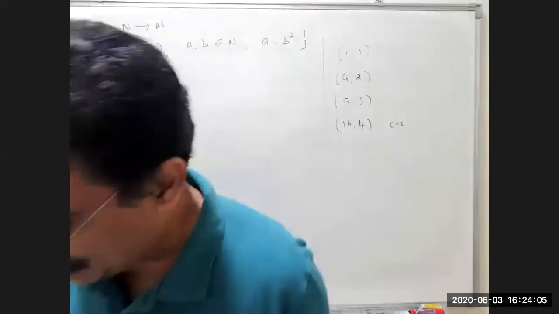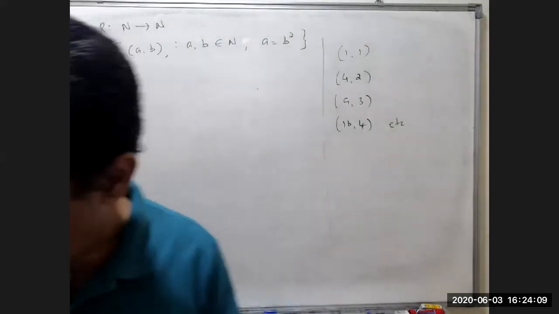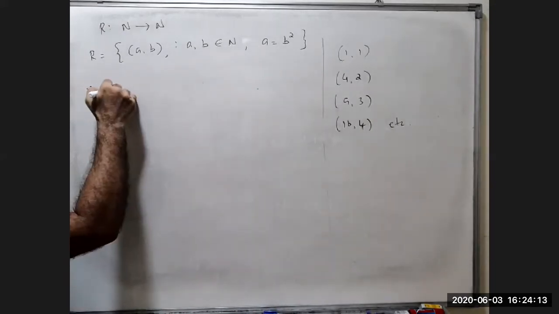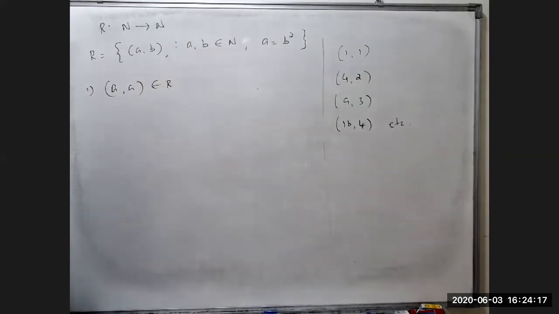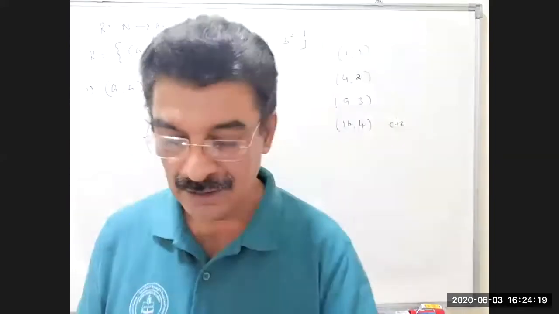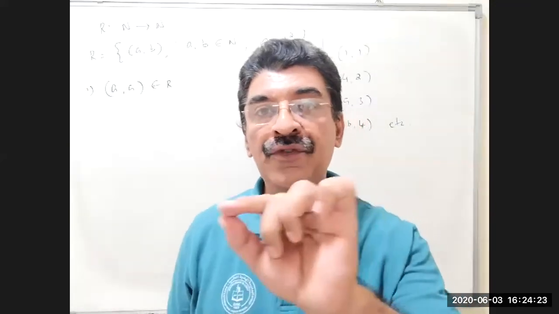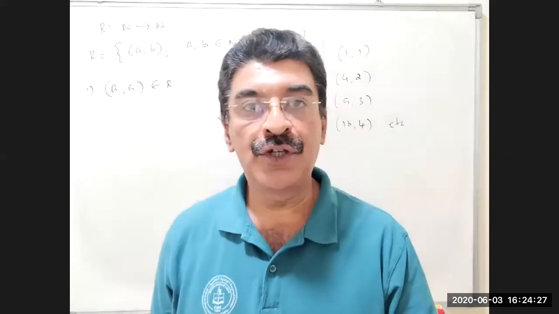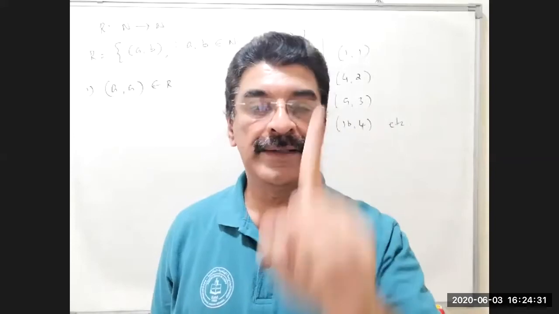Now, the question is, is the following true? A belongs to R. For showing something is true, you have to write the general proof. Whereas for showing something is wrong, just show one example.